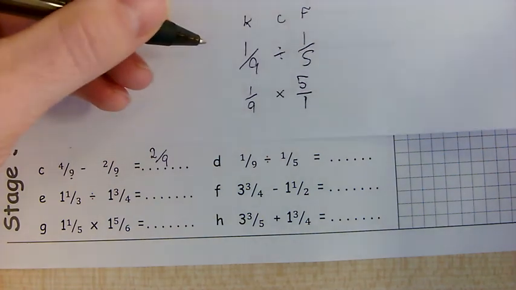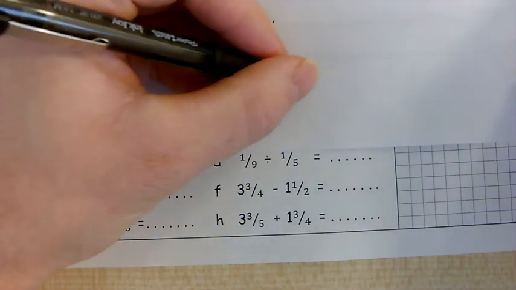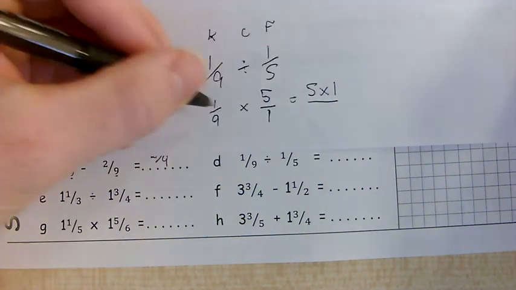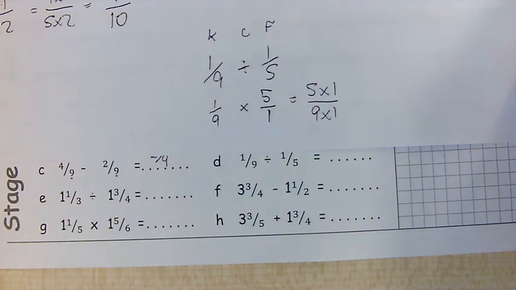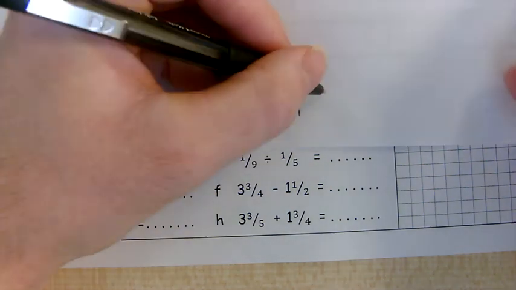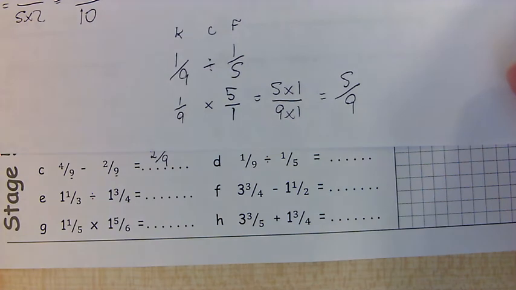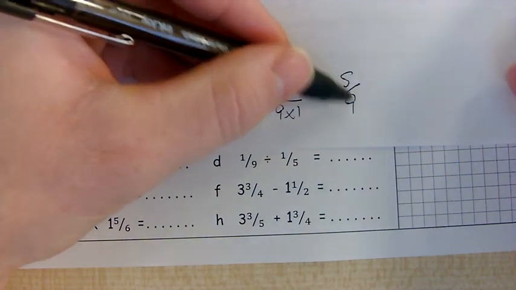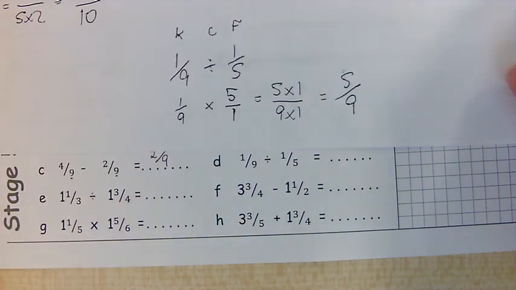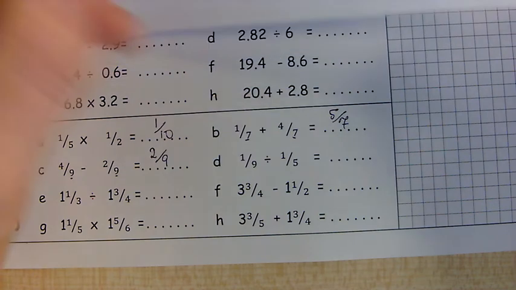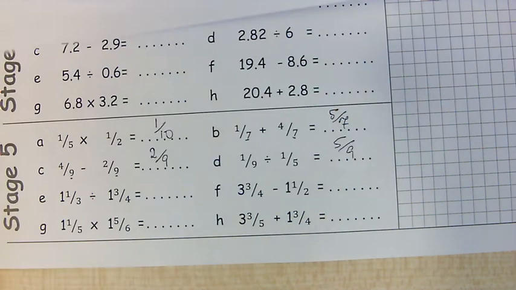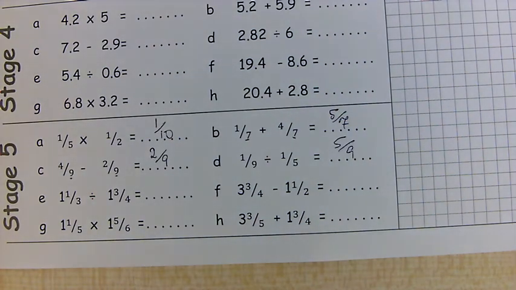And now it's simply a case of multiplying straight across. 5 times 1 and 9 times 1. So my answer is 5 over 9, and again nothing divides into 5 and 9 at the same time. So 5 over 9 is my answer for this one.